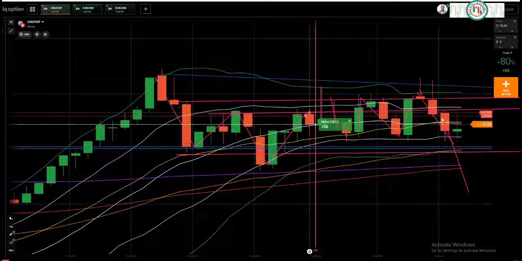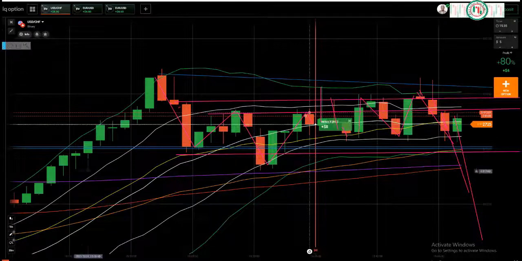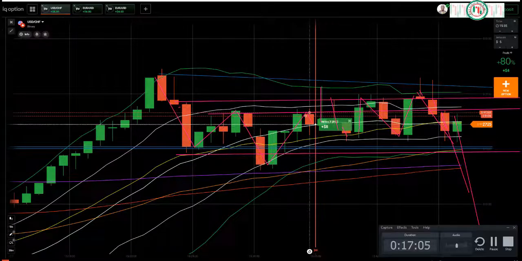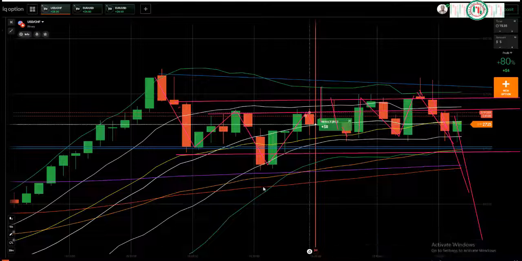When you see this momentum, you should expect strong sellers to enter. So that's why I placed my put option at this level.